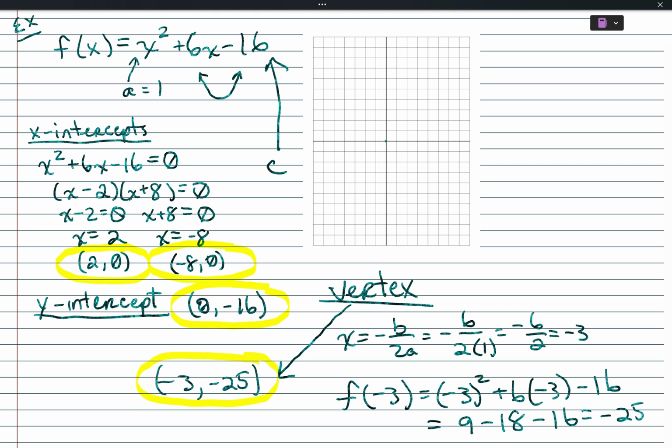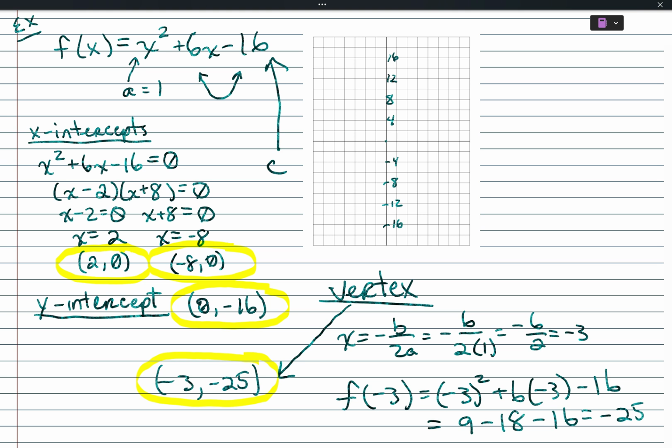So let's say I go up 2, the next one will be 4, 8, 12, 16 will be right there. Same thing in the other direction. I'll count by twos. Negative 2, negative 4, negative 8, negative 12, negative 16.